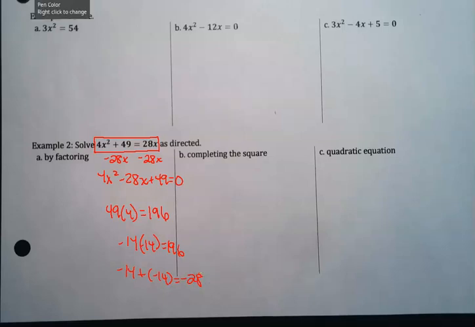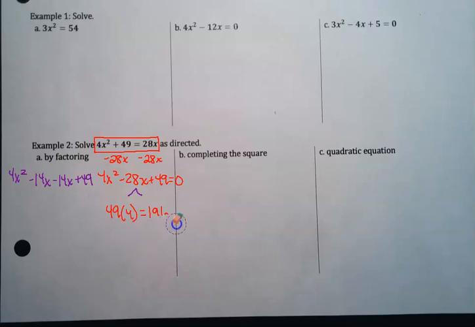So I'm going to have 4x squared minus 14x minus 14x plus 49, because remember, we split this into 2 parts. I'm going to have to erase my work here so I can do the actual work. So that equals 0.